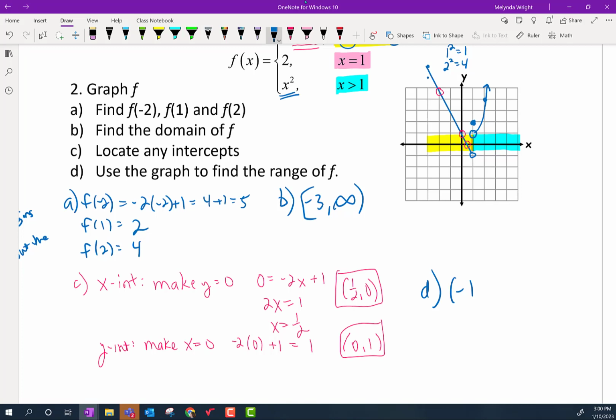Now, this area right here, so let's look at this. See the area right between those two holes? That's concerning. I don't have any y's right there. But if I look to the left, I see I have those y's right there. So I'm okay. It's all right that those y's aren't there.